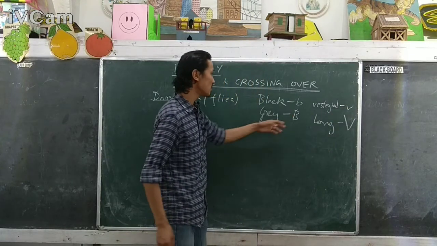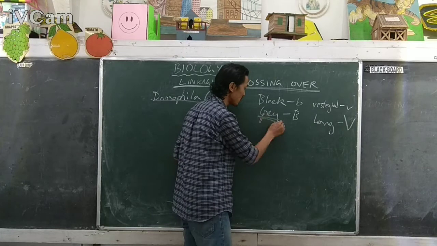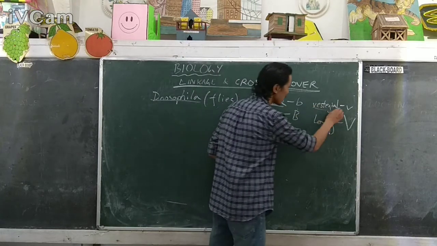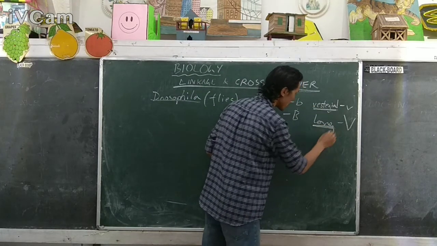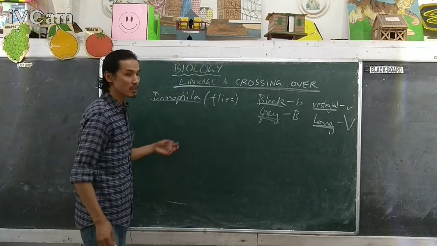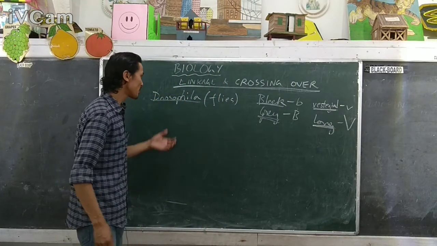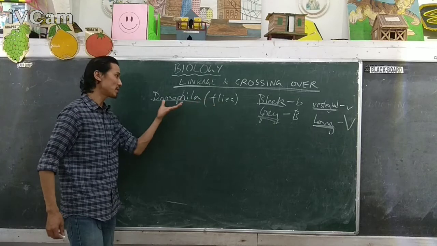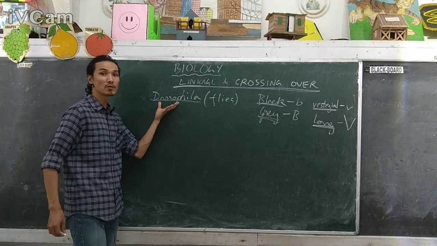So these are the genes responsible for production of gray body color, black body color, vestigial wings and long wings. Let's do a simple cross. These characters are observed in Drosophila.